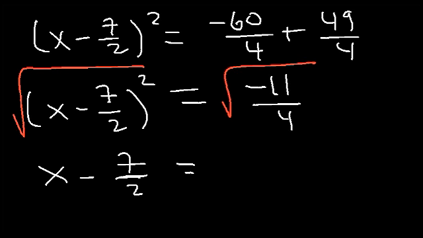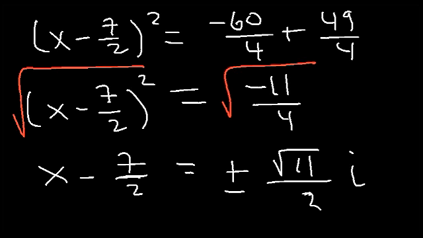We can't square root the 11, but we can square root the 4. By the way, you need to know that the square root of negative 1 is equal to i, which is an imaginary number. So we can write it as plus or minus root 11 over 2, because the square root of 4 is 2, and then i, since it's an imaginary solution.